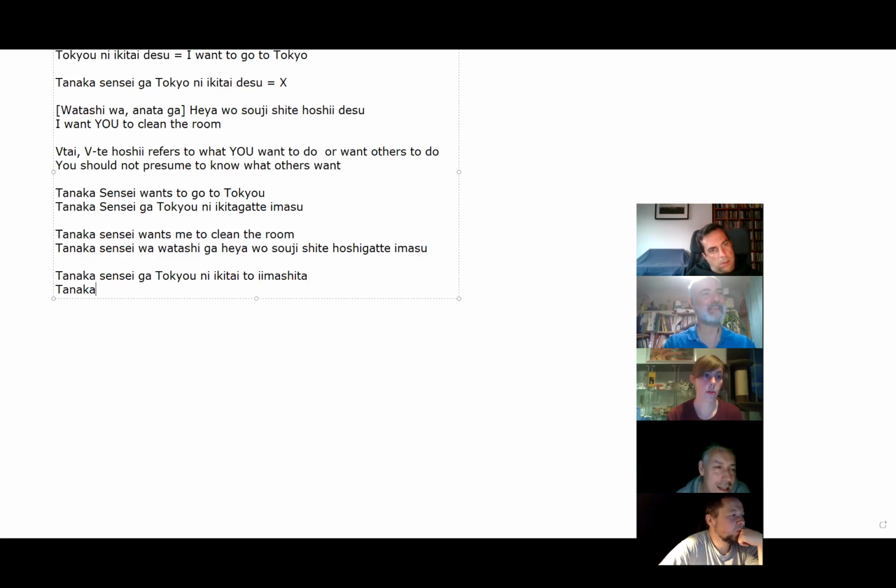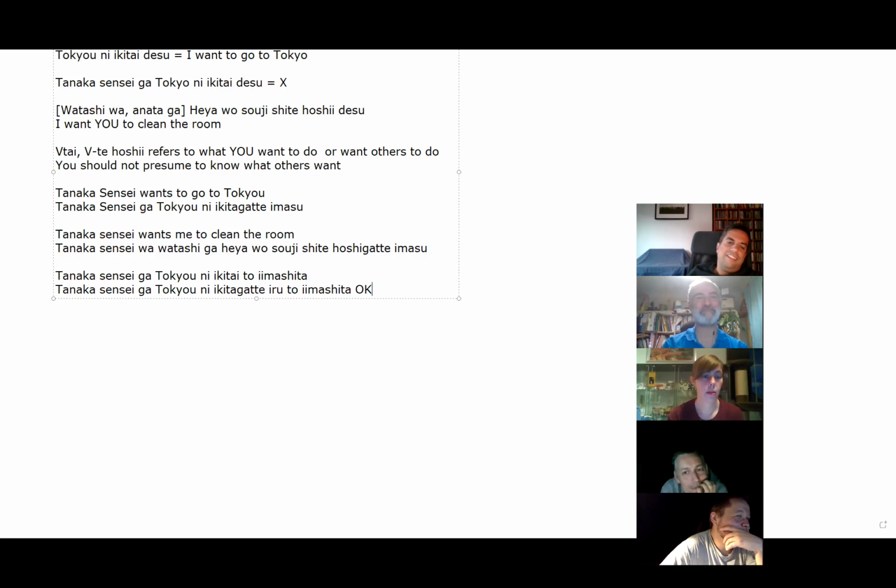Tanaka sensei ga Tokyo ni ikitagatteiru to iimashita. I think this one is okay. You can't get away from it. You have to use hoshigatteiru, ikitagatteiru, even if you would directly quote. I'm not sure, to be honest. I don't know.